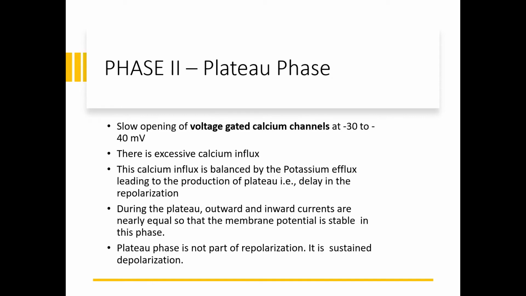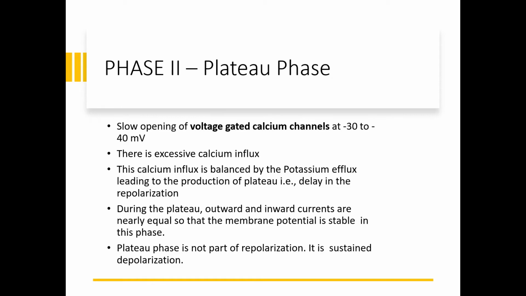Now you must remember what is happening with the sodium, the different types of channels. In phase 2, the important thing is the voltage gated calcium channels, which are slow channels, and usually they open when the membrane potential reaches about minus 30 to minus 40 millivolts. Initially the value was higher, which has now become minus 30.